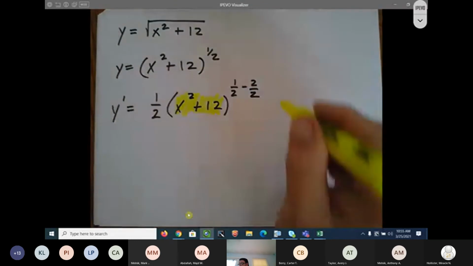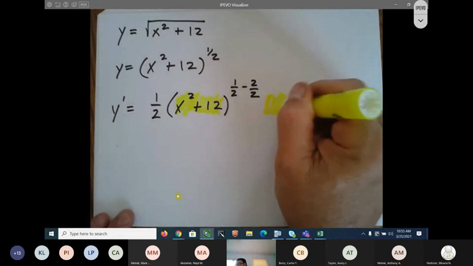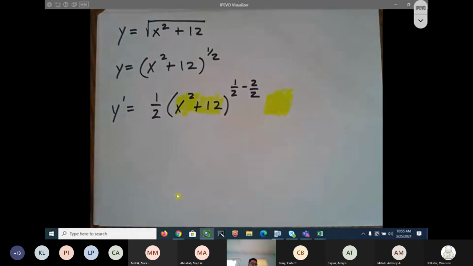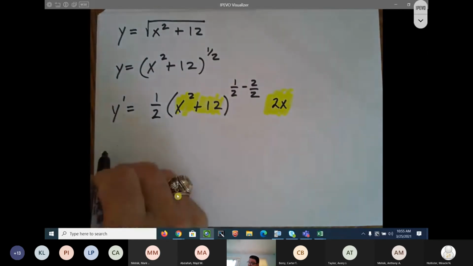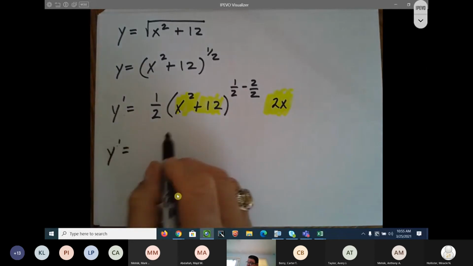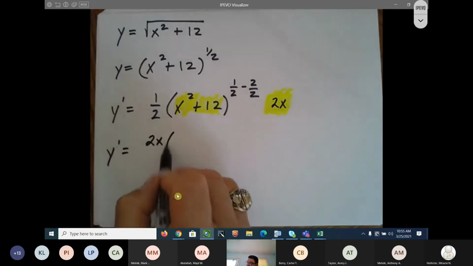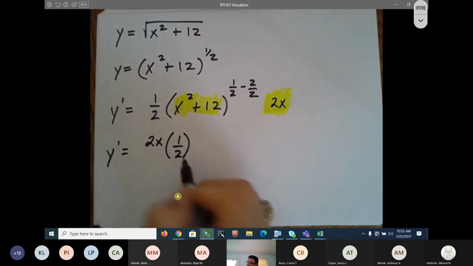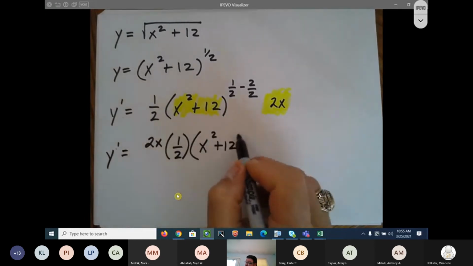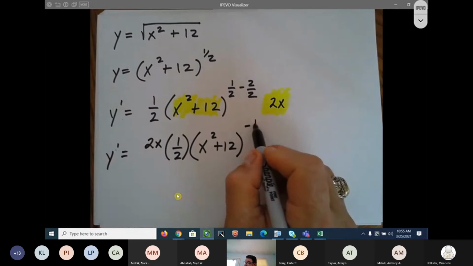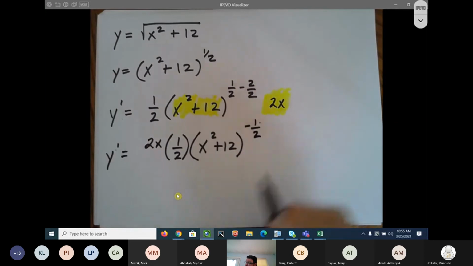Somebody tell me what the derivative of x squared is. 2x. So y prime is equal to 2x times 1/2 times x squared plus 12 to the negative 1/2.